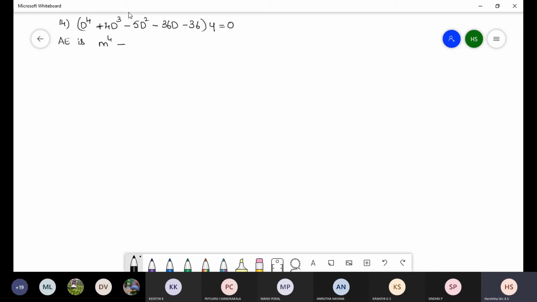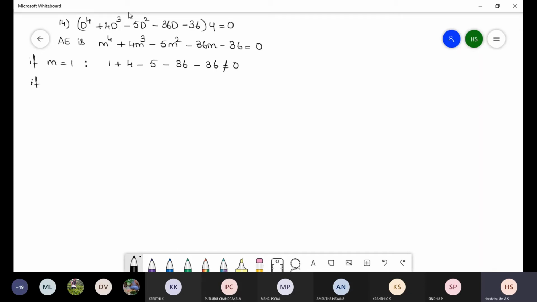So m power 4 plus 4m cube minus 5m square minus 36m minus 36 is equal to 0. If we put m is equal to 1, we get 1 plus 4 minus 5 minus 36 minus 36, so it is not equal to 0.